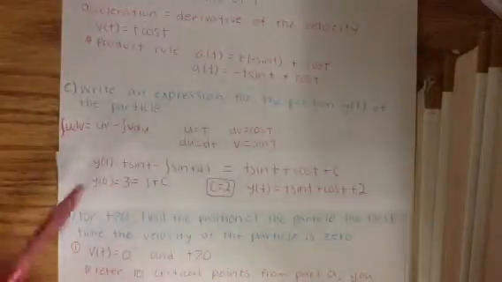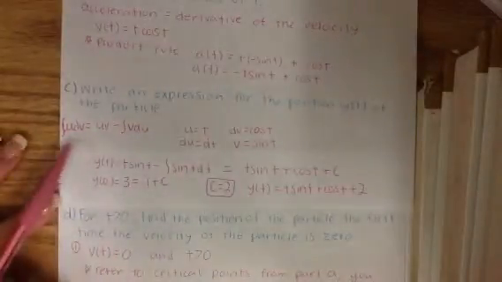Part C is asking to write an expression for the position y of t of the particle. And so to find the position, you're going to want to do the antiderivative of the velocity, and the only way you can do that is through integration by parts, which is this formula.